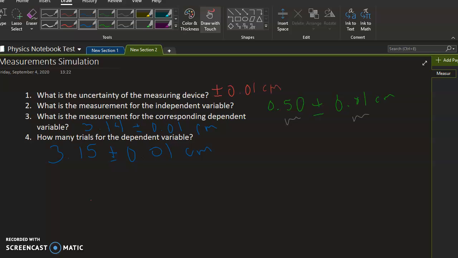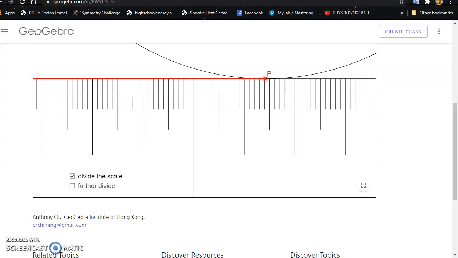And again, the reason I'm doing that is because I'm telling myself I don't feel confident estimating beyond 0.01 centimeters. I can see that the X lies slightly above this tick mark, but I can't estimate really where. So I'm going to round up to the next highest interval, which would be 3.15.